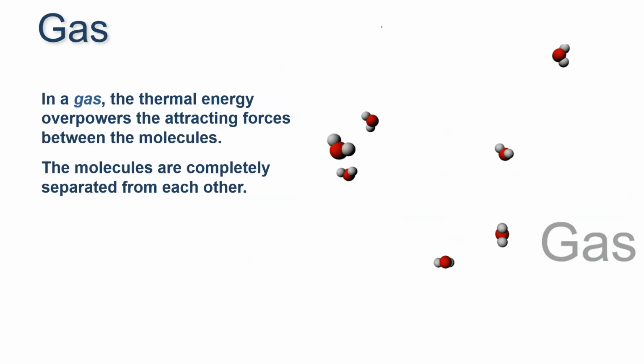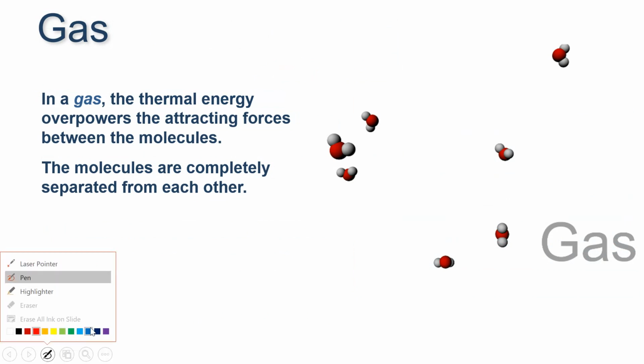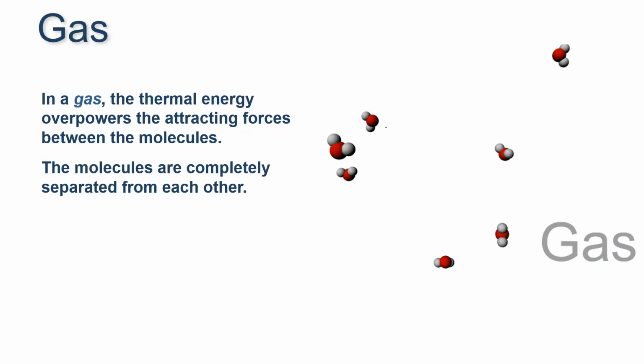All right, so in a gas, what happens is these molecules are still kind of attracted to each other, right? So let's say that this is attracted to this one, but also this one's attracted to this one. So these molecules are still attracted to each other.